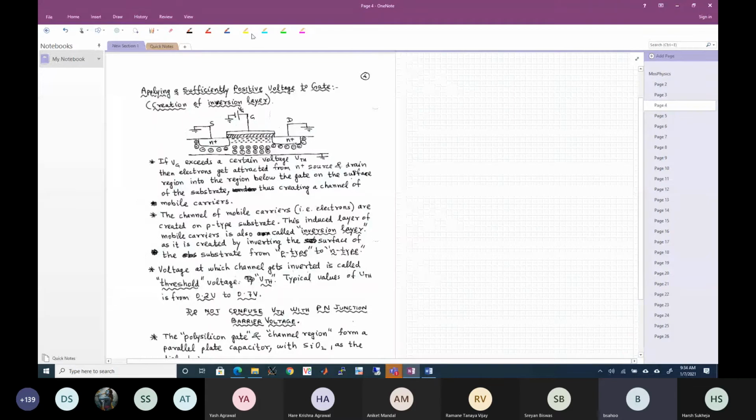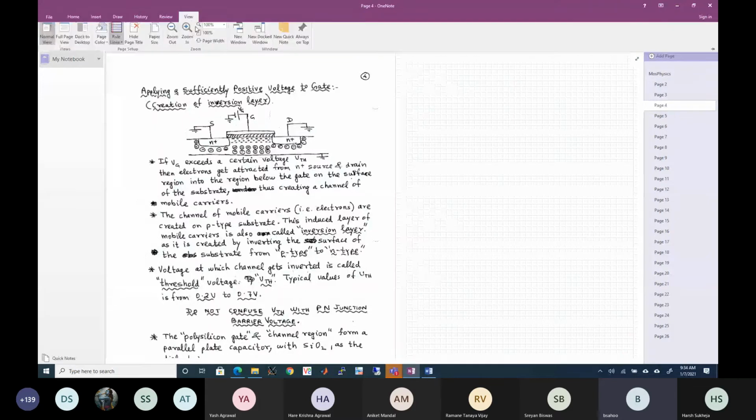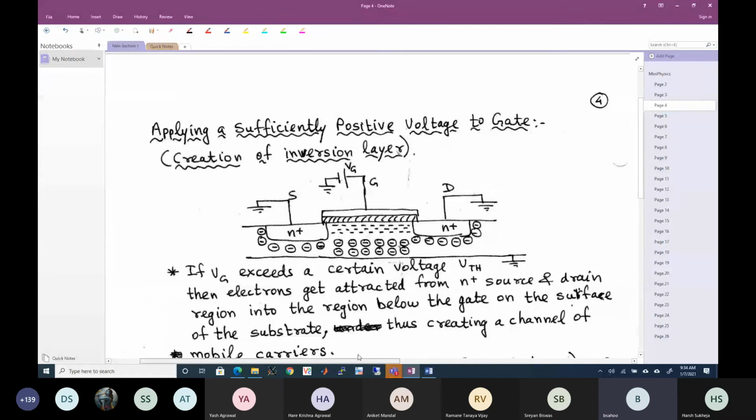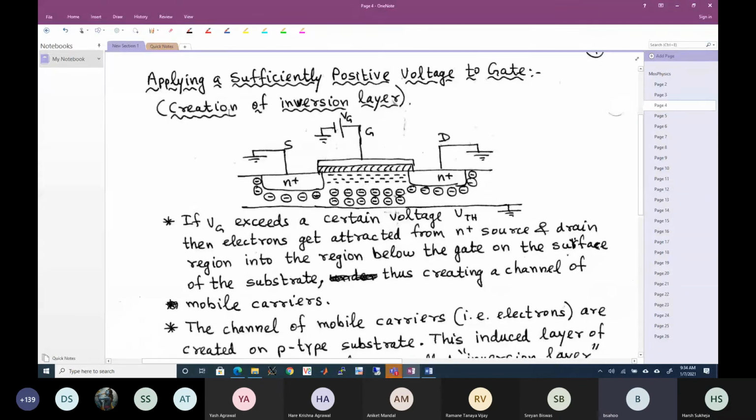So finally, we get to something called the creation of an inversion layer. Keep in mind the language here. The English word inversion means you are inverting something, and you are creating an inversion layer.